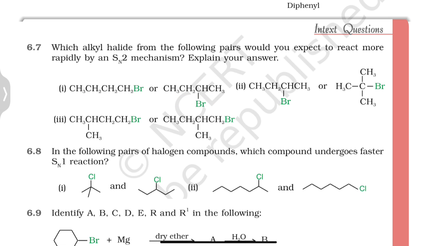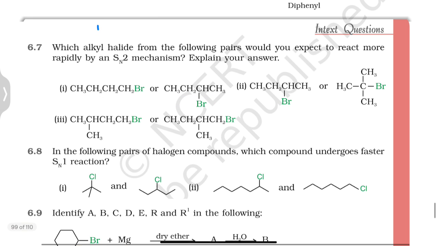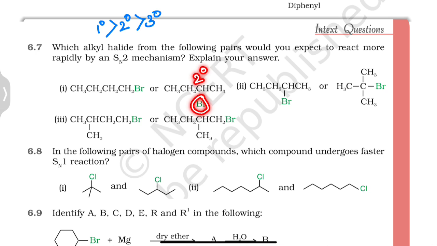So you know that in SN2 mechanism, the rate of primary alkyl halide will be greater than secondary and then tertiary. So now we will see, here halogen is attached to this carbon which is primary carbon, and here halogen is attached to secondary carbon. So for primary carbon, the rate will be more. So you have to write, this is the one which shows the rate will be higher.